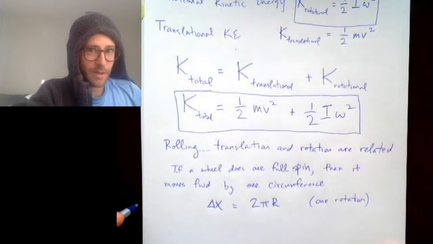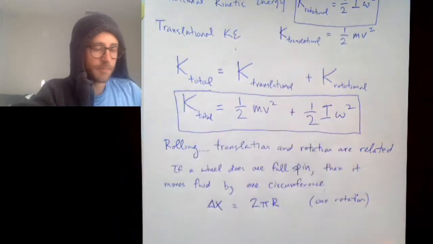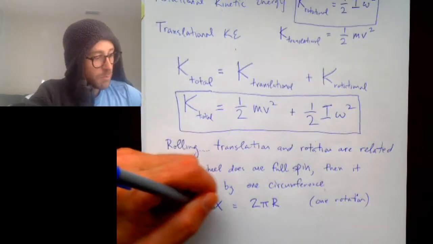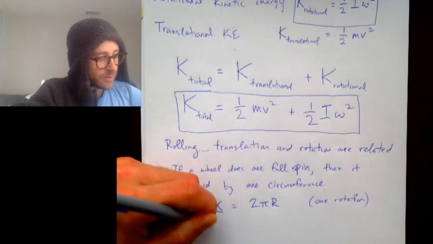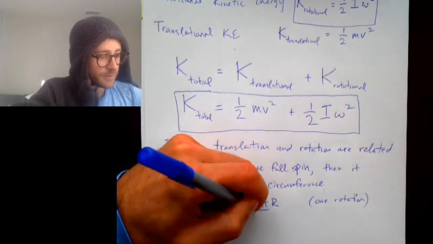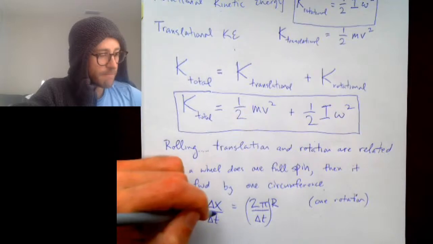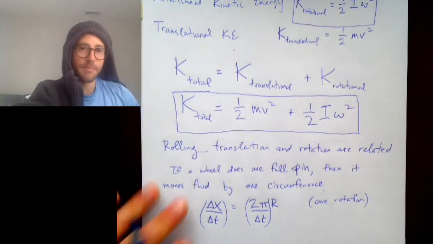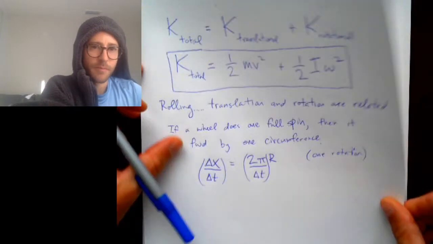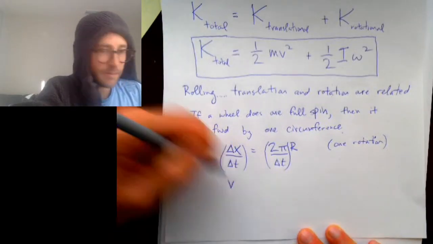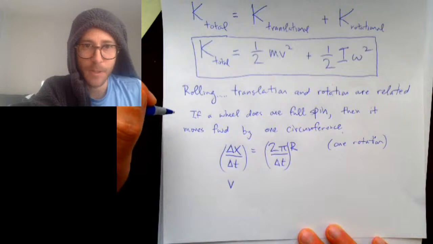Okay? So now what I'm going to do is divide both sides by the time it takes to do one rotation. Okay? Now, displacement over time, that's velocity. Okay?